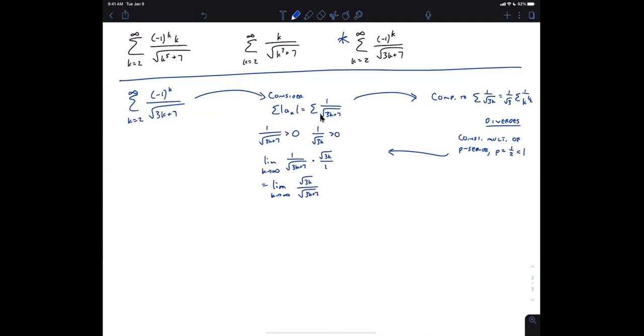And that limit is 1. What the limit comparison test says is if that limit is a positive number, then the series here does the same thing that the series over here does.